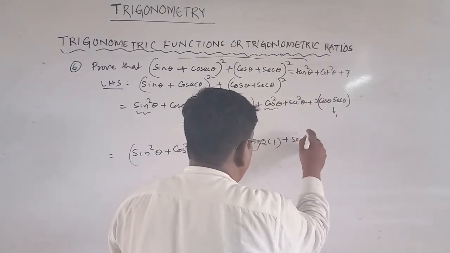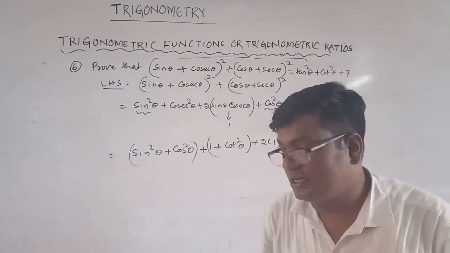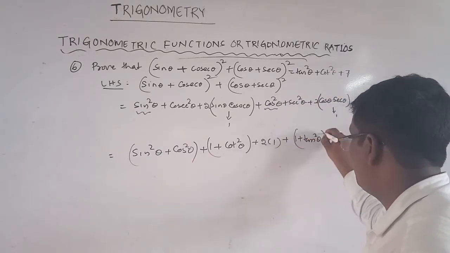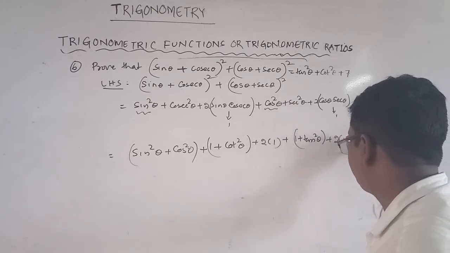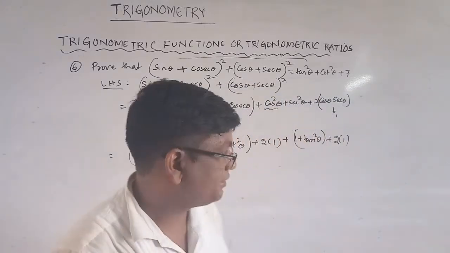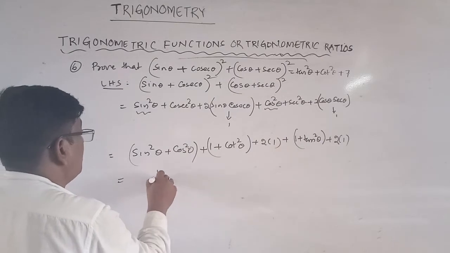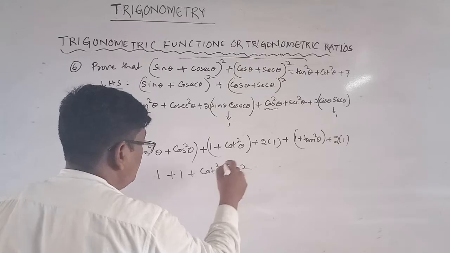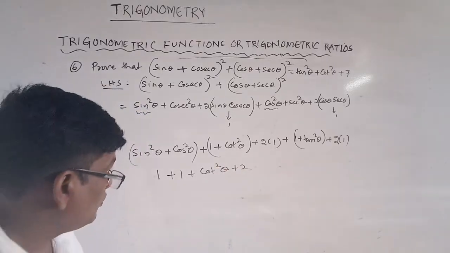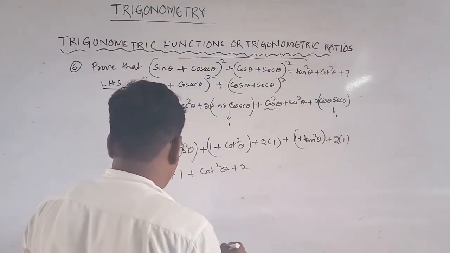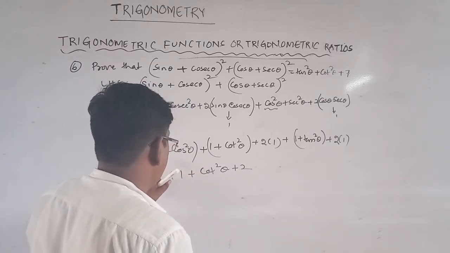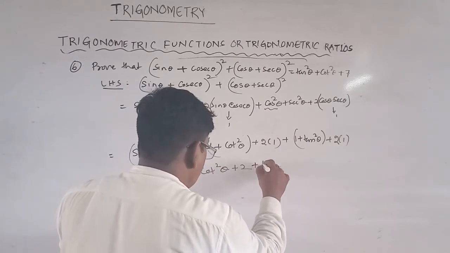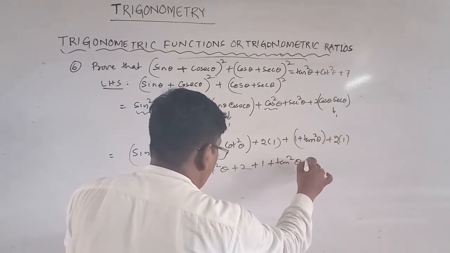Now sec square theta in terms of tan square theta. So 1 plus tan square theta and 2 into 1. So this is equal to 1 plus cot square theta plus 2 plus 1 plus tan square theta plus 2.